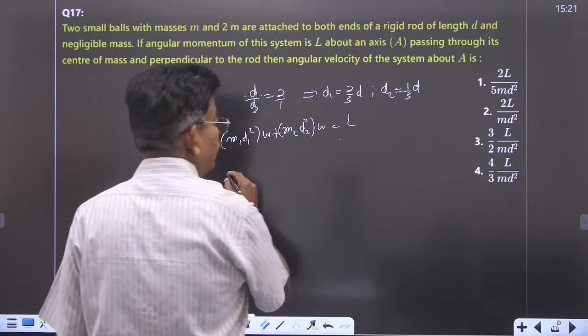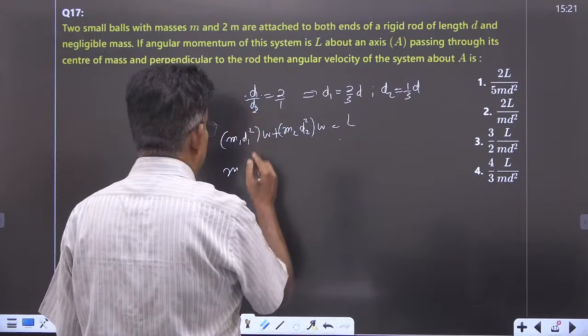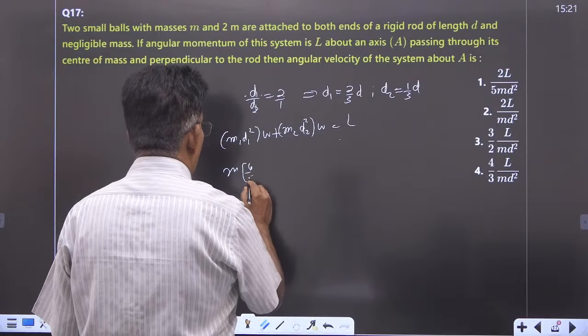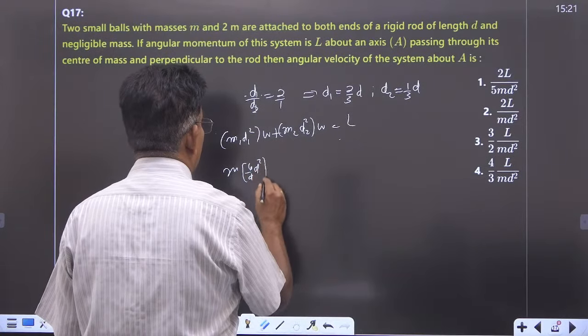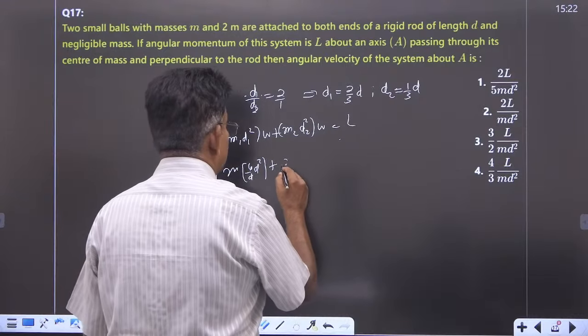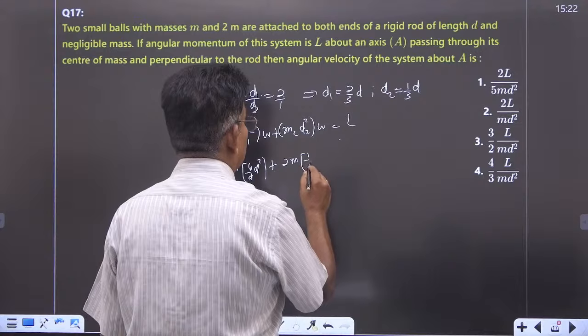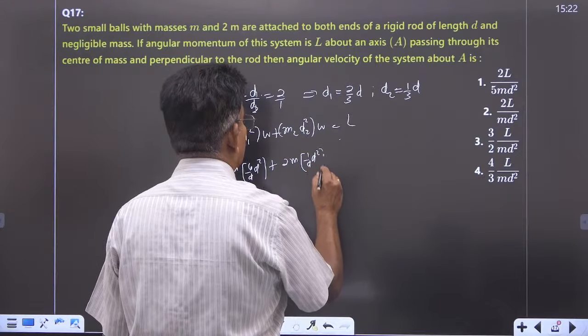M1 is M. d1 is 2 by 3 d, so that is 4 by 9 d square. Plus, M2 is 2M, d2 is 1 by 3 d, 1 by 3 square is 1 by 9 d square.